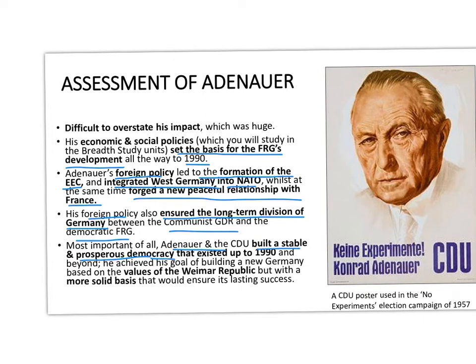And that was very different from the Weimar Germany, where, although it was democratic, there was lack of stability. So the new West German state that Adenauer had played a key part in creating and then governing for 14 years was looked upon by the rest of the world as one of the most stable and prosperous democracies in the world.